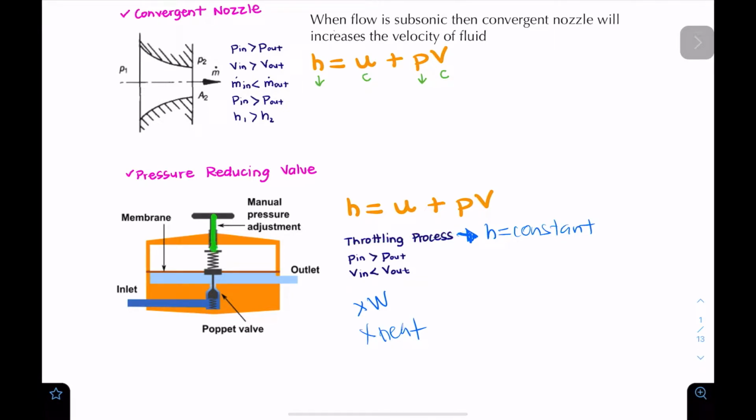A throttling process means basically that this part of the valve we can have, like, 50% open, or 60% open, 80% open. We are throttling the valve. We are either closing it or opening it to a certain percentage, not completely. That's kind of what it means. And a throttling process is an isenthalpic process.